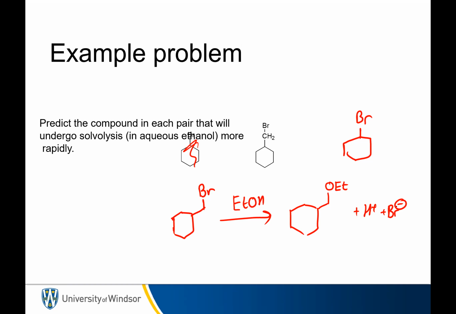And so your solvent's the same. That means your nucleophile is the same. You assume the same temperature. You assume everything else is the same. It's the same leaving group. So again, the only difference is basically asking us, is there a difference in the stability of the resulting carbocation that you get when a leaving group leaves? And so you draw what you get when a leaving group leaves in both cases.